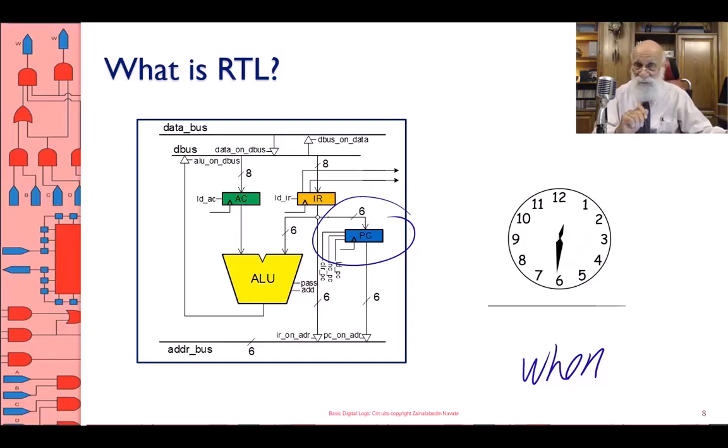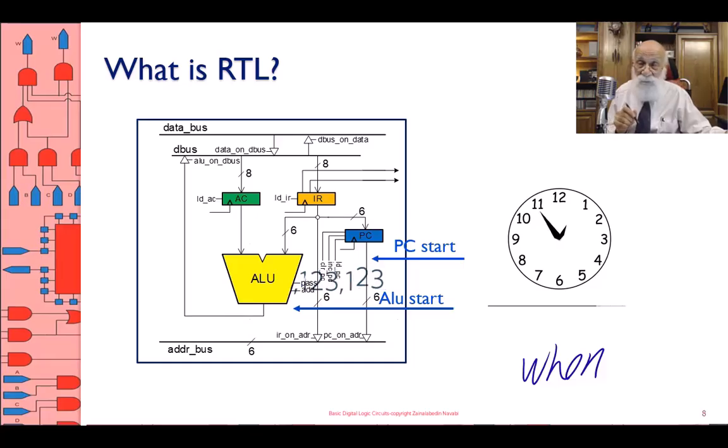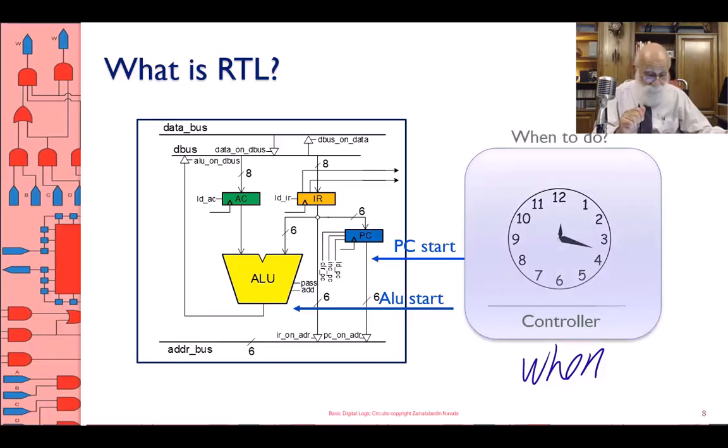So we have to design that. This is RTL. The RTL is controlling ALU, is controlling the program counter, the registers, is controlling everything that happens here. And then once we cover sequential circuits, we will also talk about controllers.